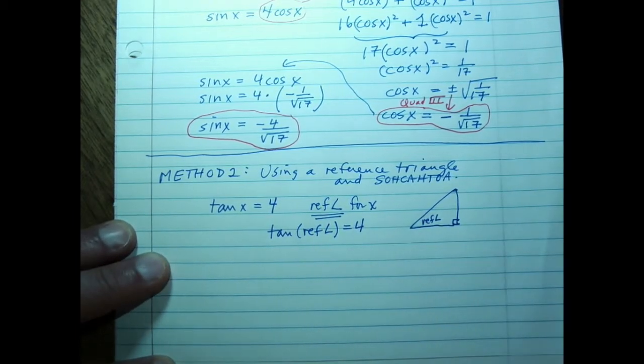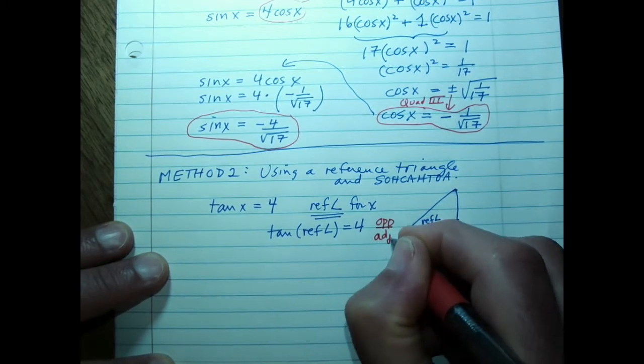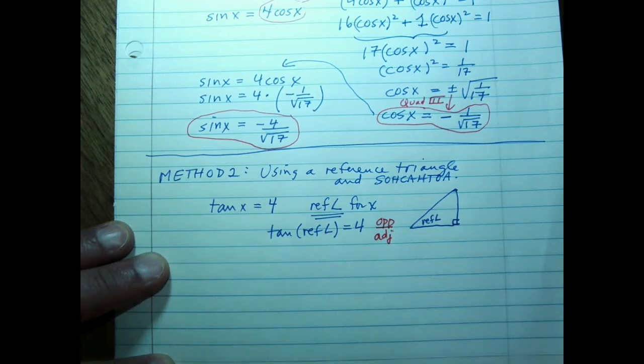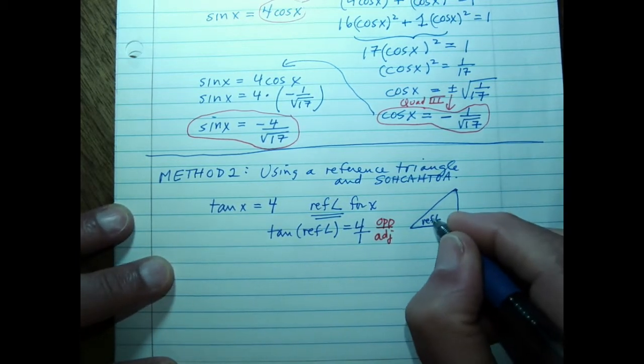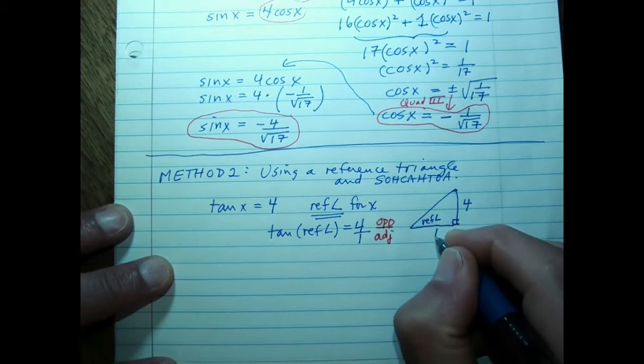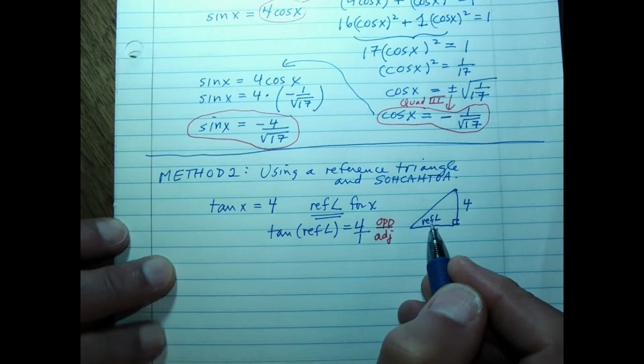And we want to think of that as opposite over adjacent in our SOHCAHTOA. So I can write 4 over 1. And so opposite to the reference angle, adjacent to the reference angle is like so. Now some people say, why don't you just write x in this corner?